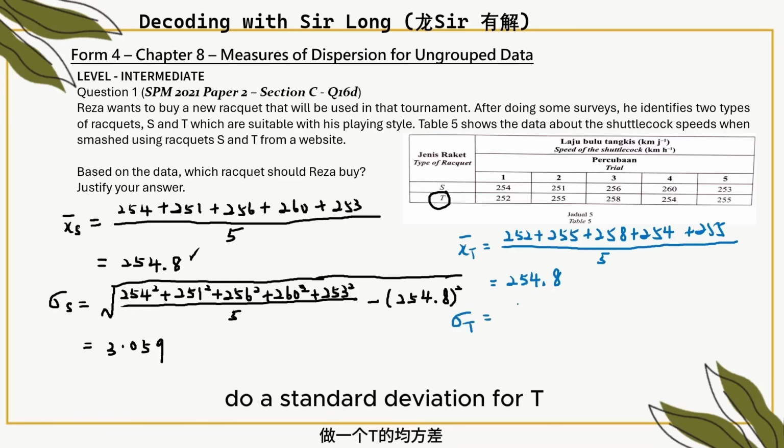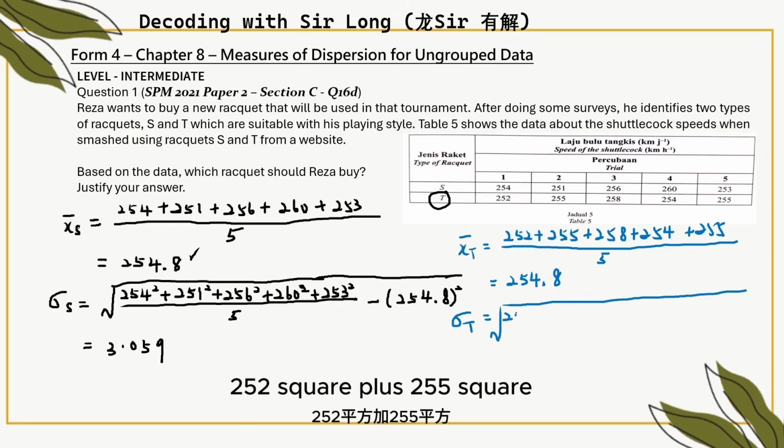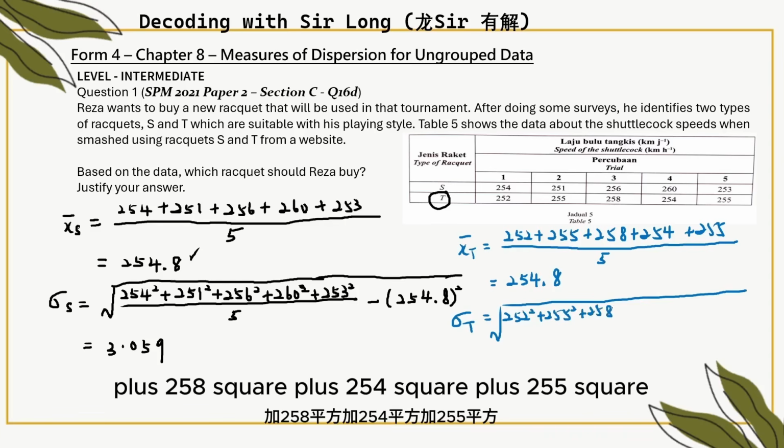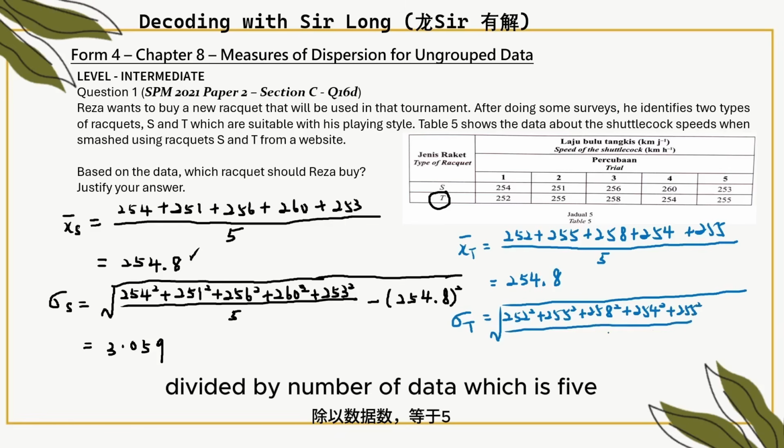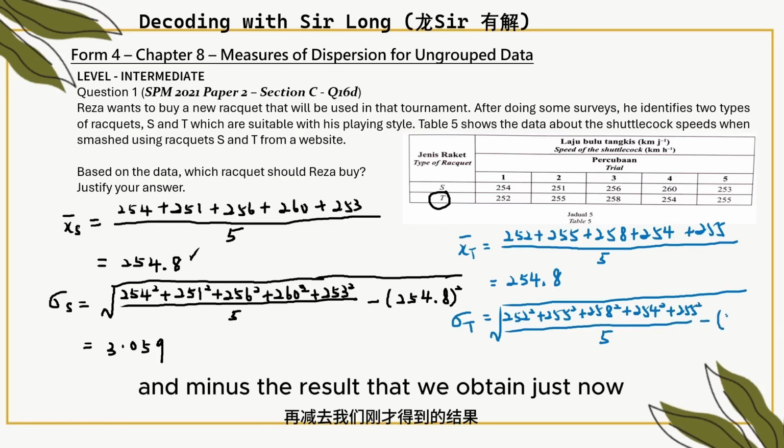Do the same thing for T. What are the data? 252 square plus 255 square plus 258 square plus 254 square plus 255 square, divided by the number of data, which is 5, and minus the result that we obtained just now.